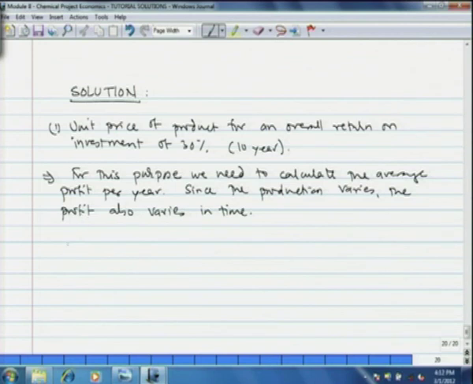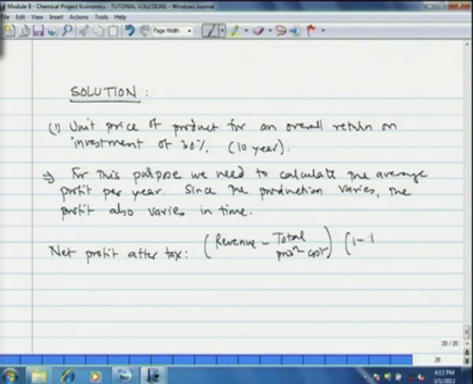The net profit after tax is revenue minus total production cost into 1 minus tax rate.